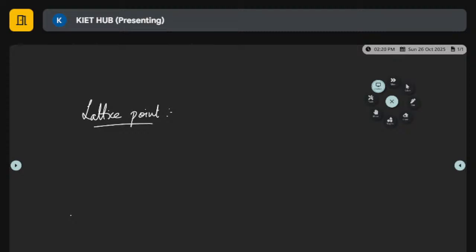Space lattice. This is a lattice point, and these are lattice points. These points we can see in all 3 dimensions. So this is called a space lattice.